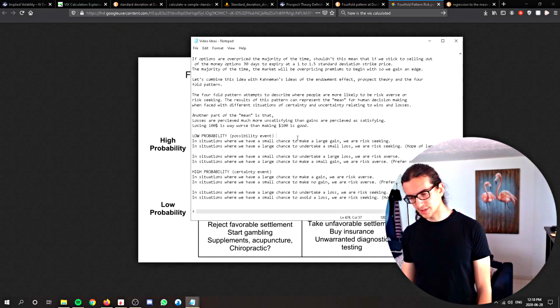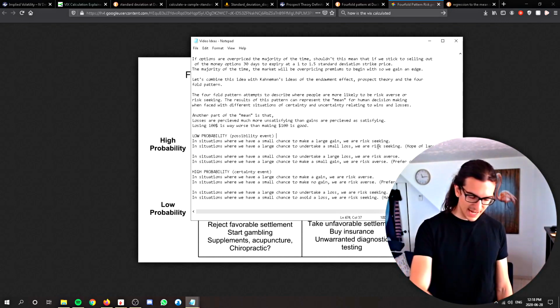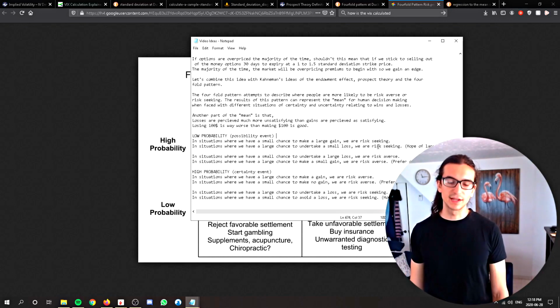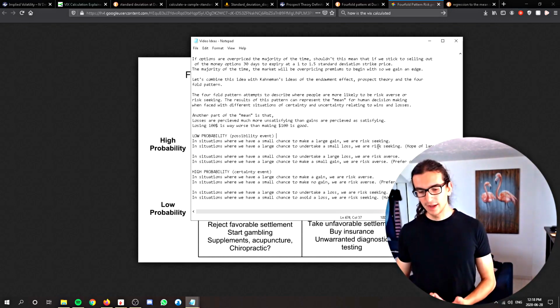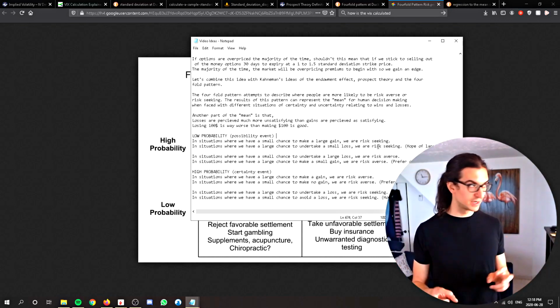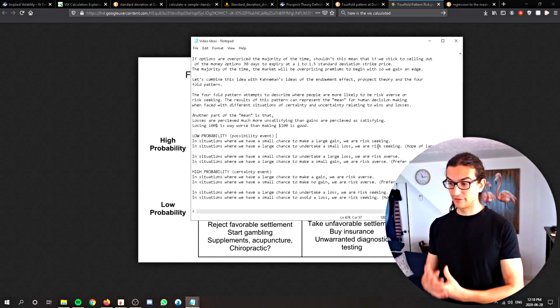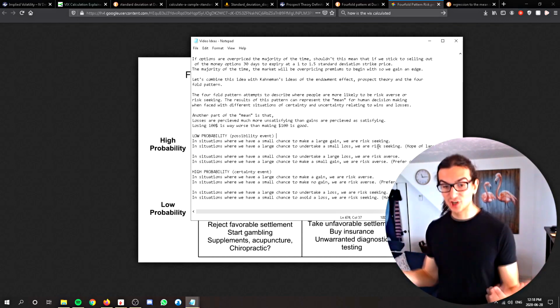So I hope you can understand by this fact that the majority of the time we're overstating the probability of certain things happening, and we prefer to gamble in the cases of low perceived risk, and we also prefer to gamble in the case of a loss that we can potentially reduce.